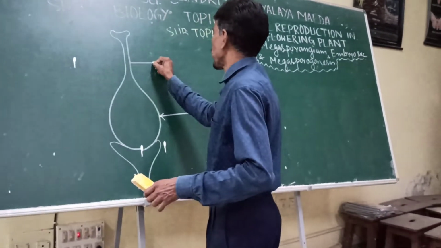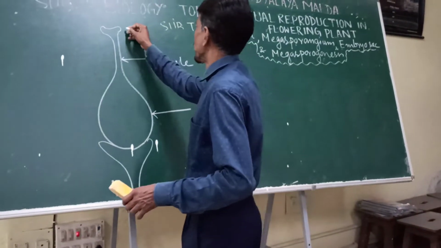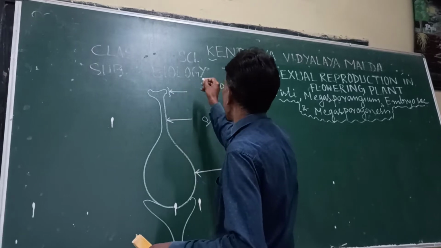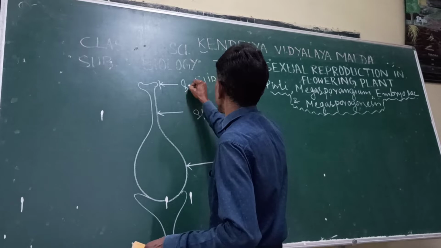The stalk-like part is called the style, and the tip, the landing part of the pollen grain, is called the stigma.